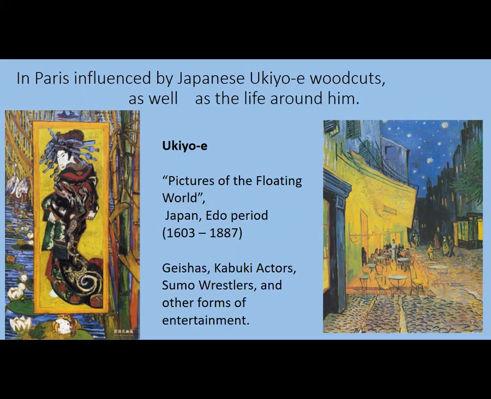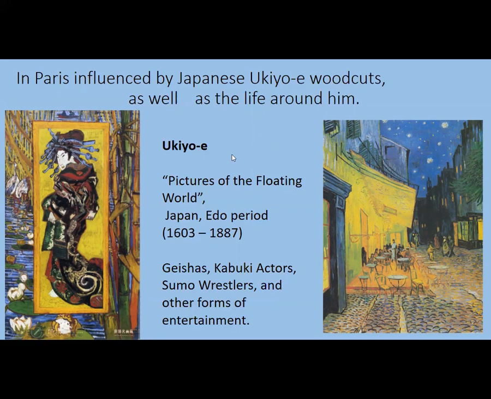But then they were forced by the Americans to either start trading with them or go to war. So all these paintings and prints by Japanese flowed into Western Europe.